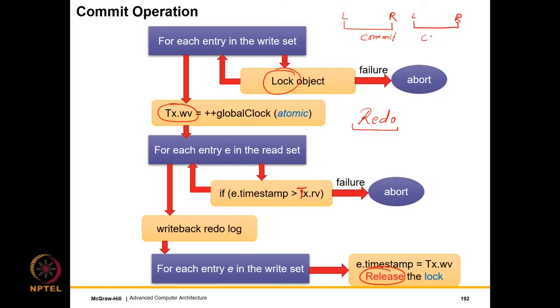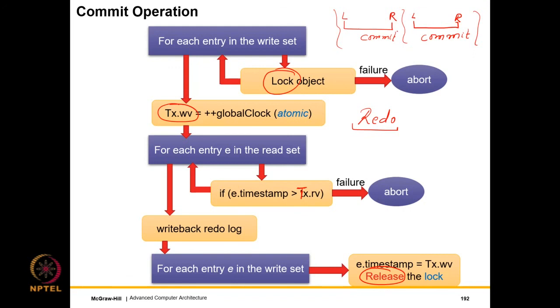Lock and release. So in this case, as you can see, there is no problem even if the write sets do overlap. Because of a redo log, the writes are visible only after a successful commit. And furthermore, write sets can overlap, there is no issue, because the commits are still being arranged in sequential order.